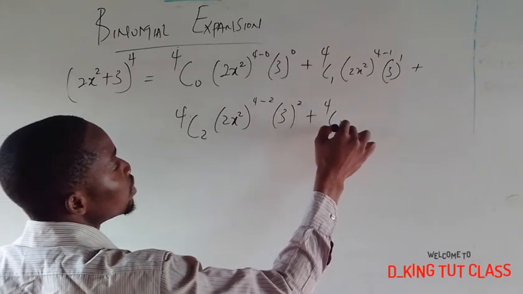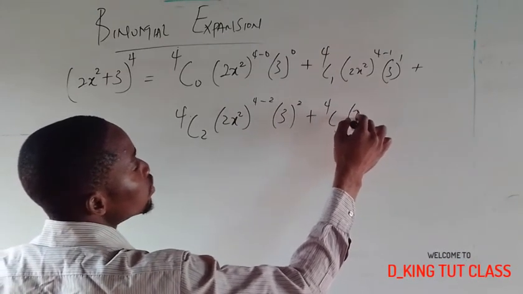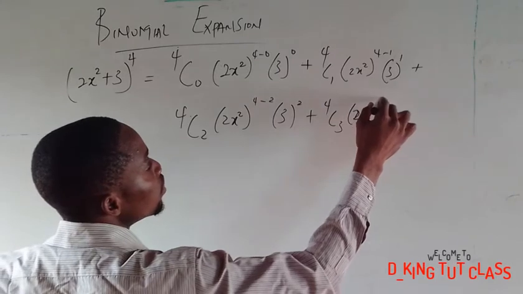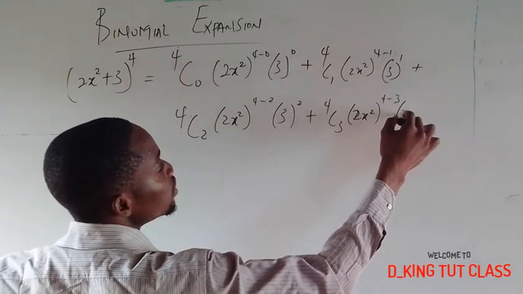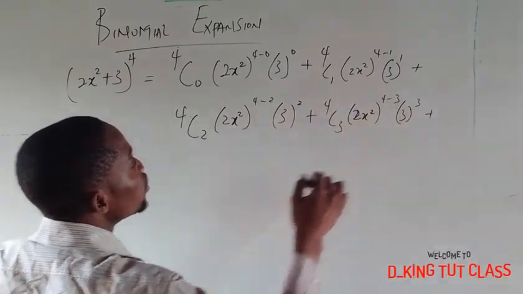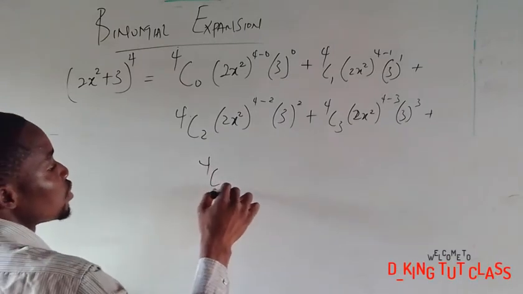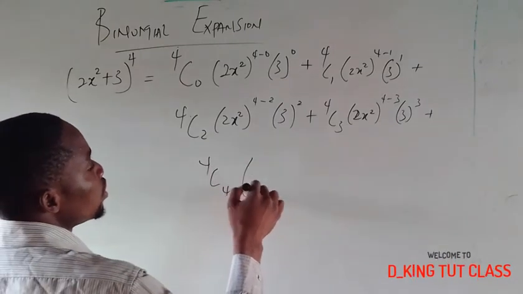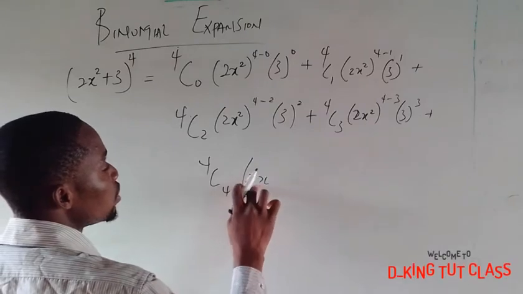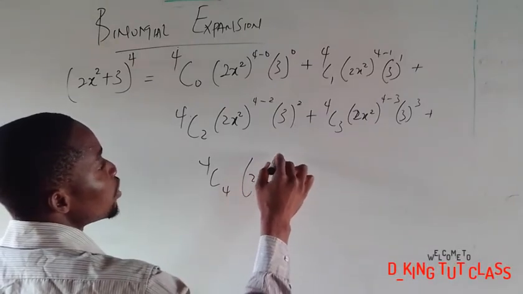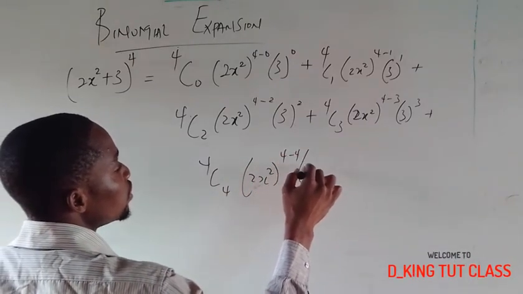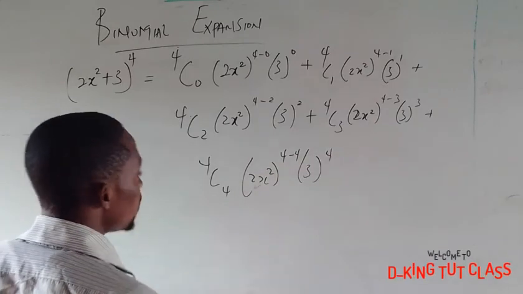Plus 4 combination 3, 2x squared raised power what? 4 minus 3, 3 raised power what? 3. Then plus what? 4 combination 4, 2x squared raised power 4 minus 4, 3 raised power 4.